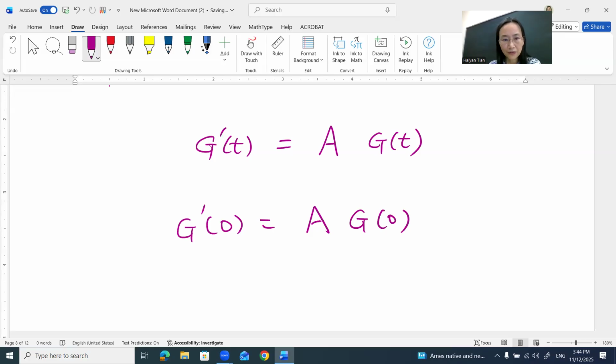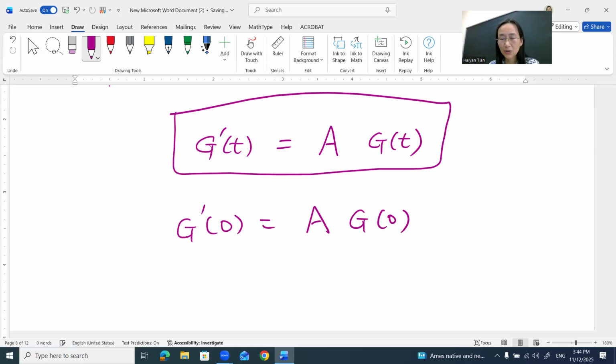So from the equation the matrix satisfies, we can immediately know the derivative of G at 0, right? At 0 it is simply A times identity, which is still A.